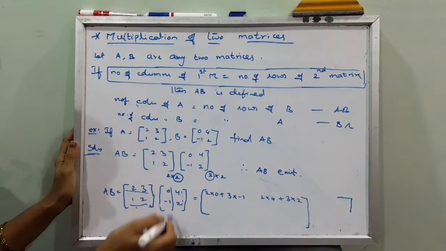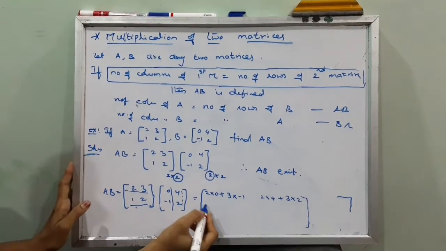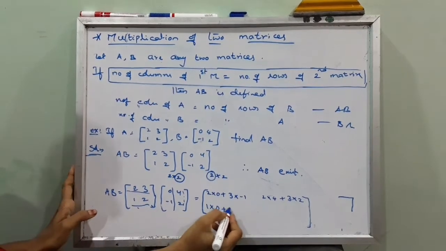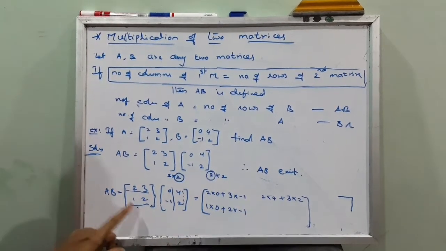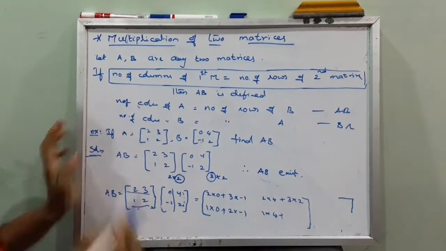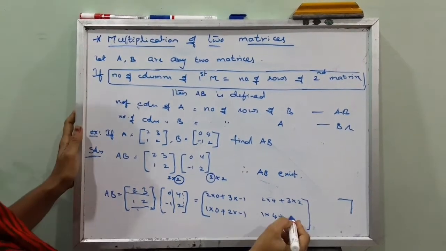Now second row by first column: 1 into 0 plus 2 into minus 1. Second row by second column: 1 into 4 plus 2 into 2.